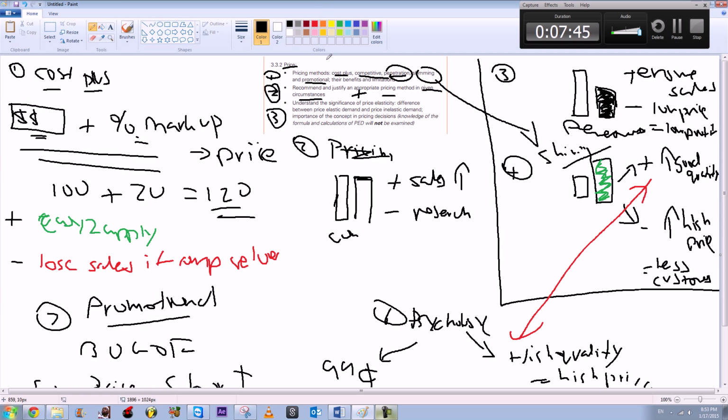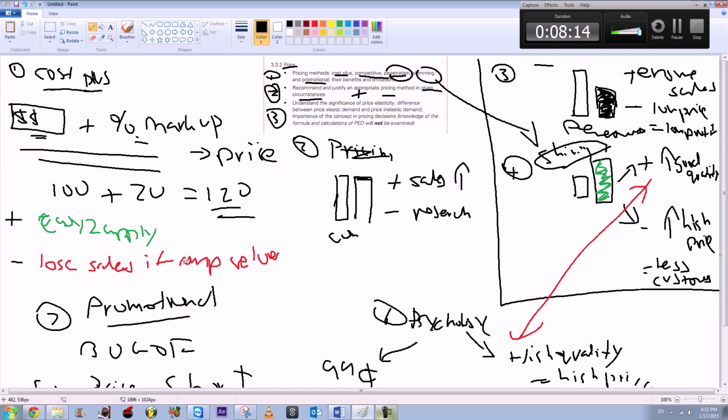Like if ABC sells cat food, you can't say price skimming because there's no real high quality cat food. Or if it's clothes, the safe bet is to just go for penetration, promotional, and competitive, or maybe cost plus too.